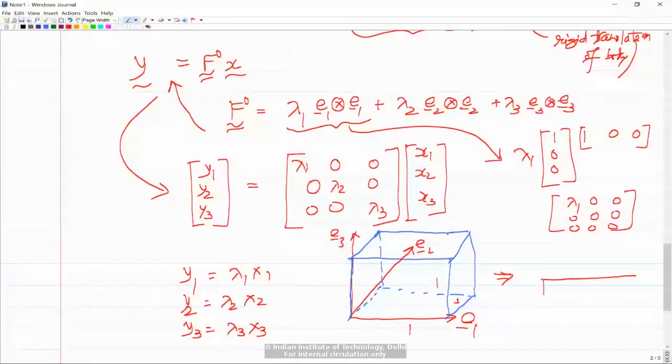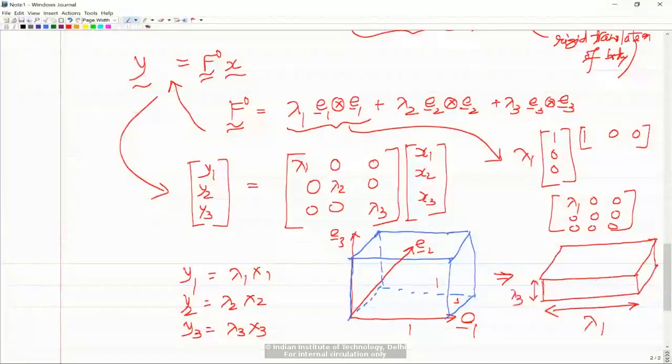It's going to become a cuboid, isn't it? Maybe something like this. Sorry, there is some space constraint here, so maybe I do this. And what will be this length? This is lambda 1. What will be this one?